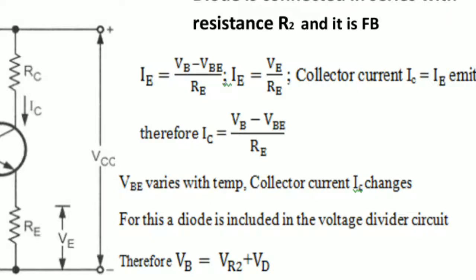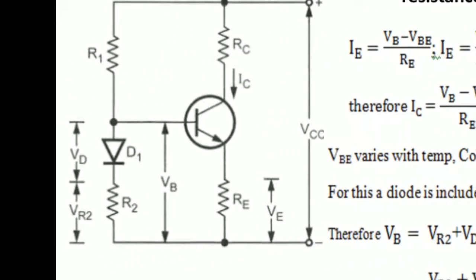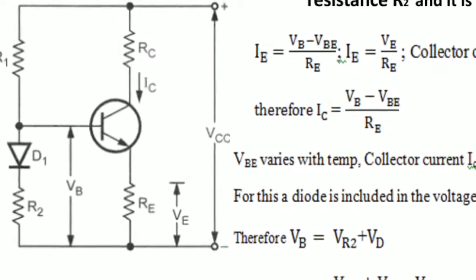So the diode is placed there. What happens if the diode is placed? VB is equal to VR2 plus VD. Therefore the collector current IC is equal to VR2 plus VD minus VBE by RE. When the temperature changes, VBE changes automatically, and the voltage drop across the diode VD also changes, thereby cancelling each other.